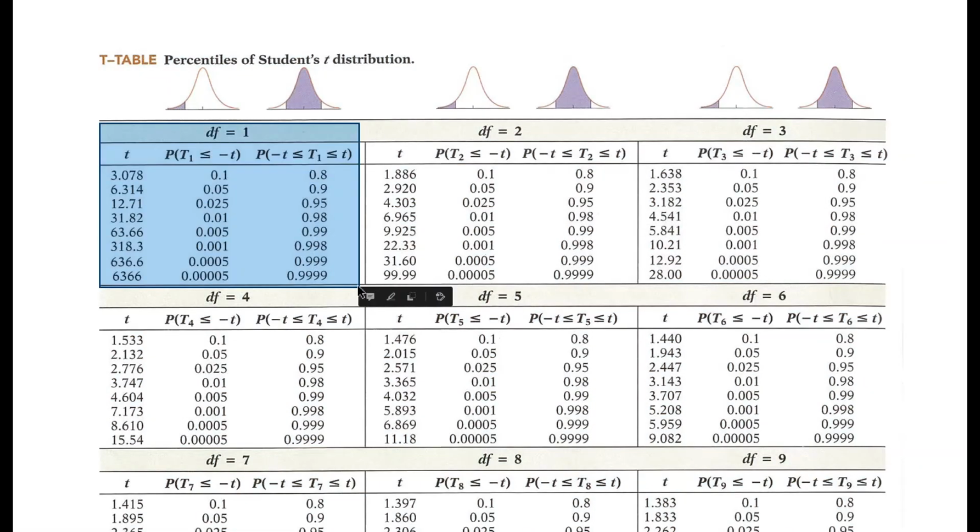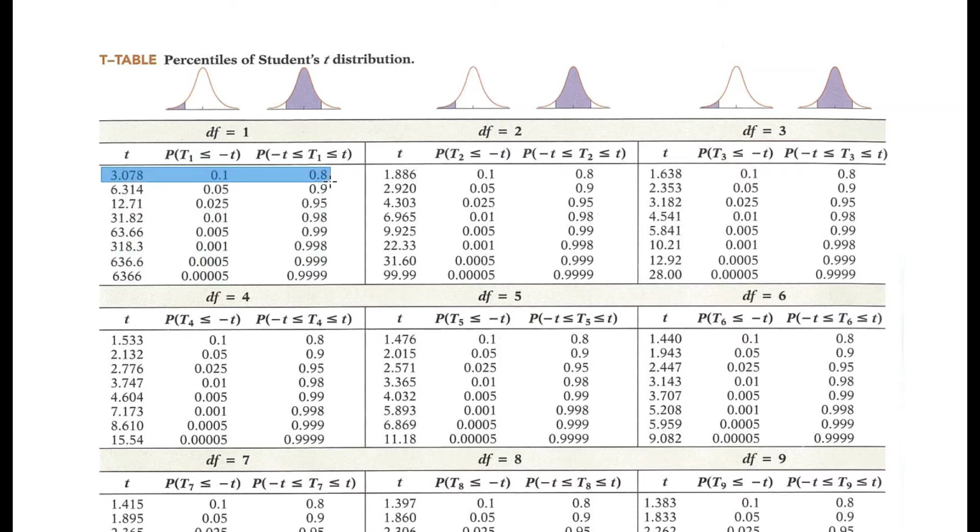And this t value shows you how far away from the center you have to go in order to cover a certain proportion of the distribution. So in this case, you have to go 3.078 standard errors away from the mean to cover 80% of the distribution, which means that in each tail you have 10%.